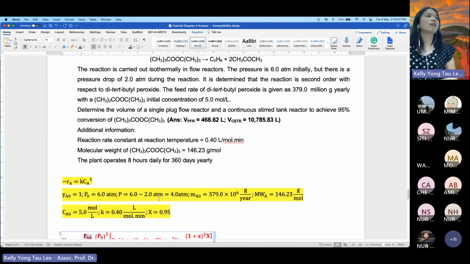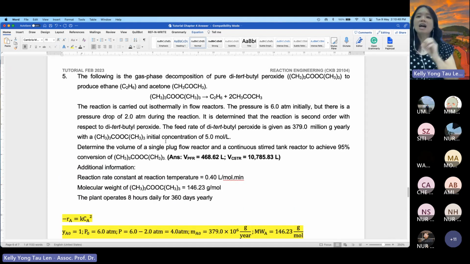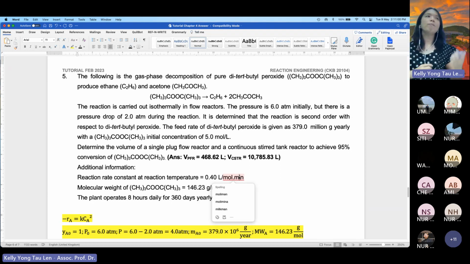So again, you just check from the question, any other numbers yang ada unit time. Kamu ikut je unit tu. So, contoh dalam soalan ni, unit dalam K kamu, unit time dia adalah minute. So means I will change from gram per year kepada mole per minute. Okay, so let's say kata, tapi kalau saya nak guna hour ke second, boleh. Tetapi kamu kena pula convert unit time dalam K ni.